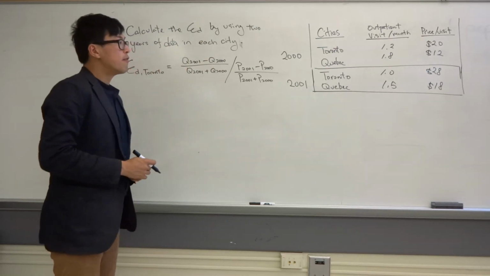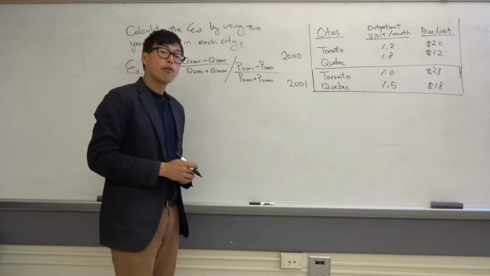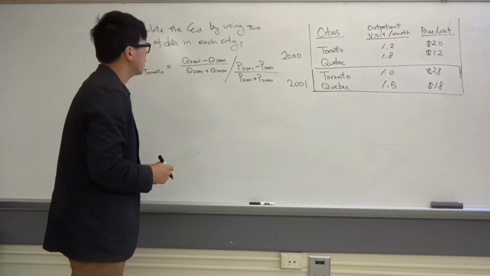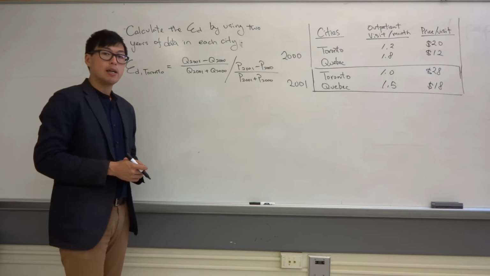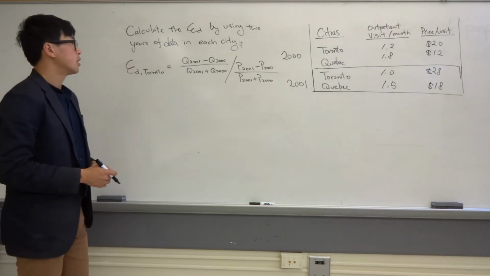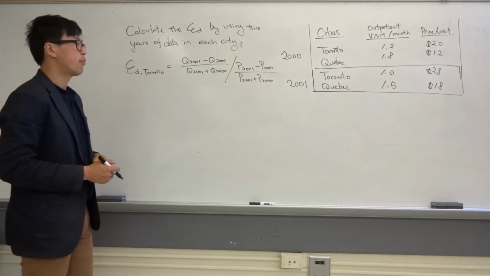Given this information, now we can actually derive the elasticity of demand for outpatient service in each city. In order to calculate the elasticity of demand for Toronto, let's say, we can plug numbers into this equation. Basically we need 2 years of quantity and 2 years of prices.